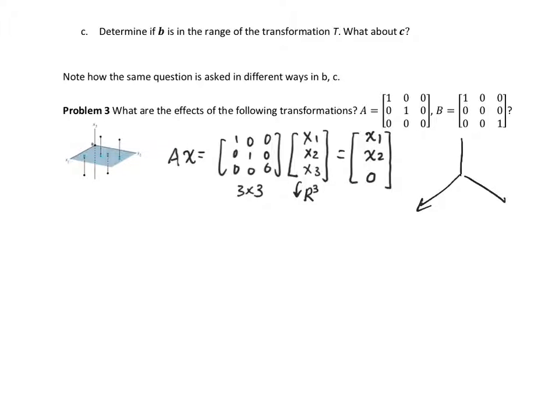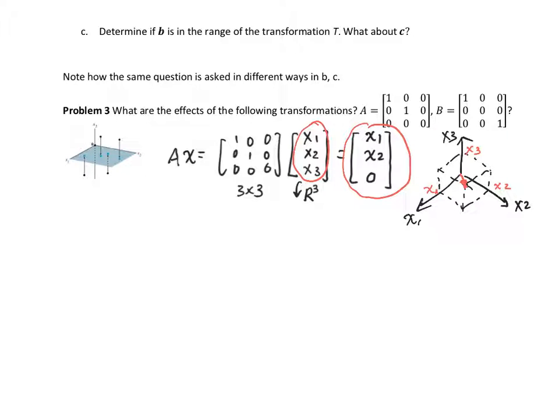So let's look at x1, x2, x3. Suppose this is the point, and this is the vector pointing to this point, and this is your coordinate x1. This is coordinate x2, and this is coordinate x3. So this vector has x1, x2, x3 as its coordinates. After the mapping, it's going to be like that.